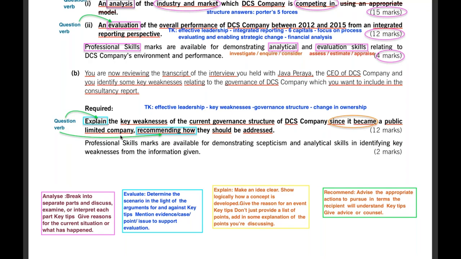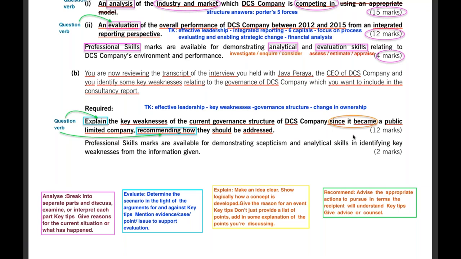Why do I circle this? What is so significant about this sentence, "since it became"? What was it before?